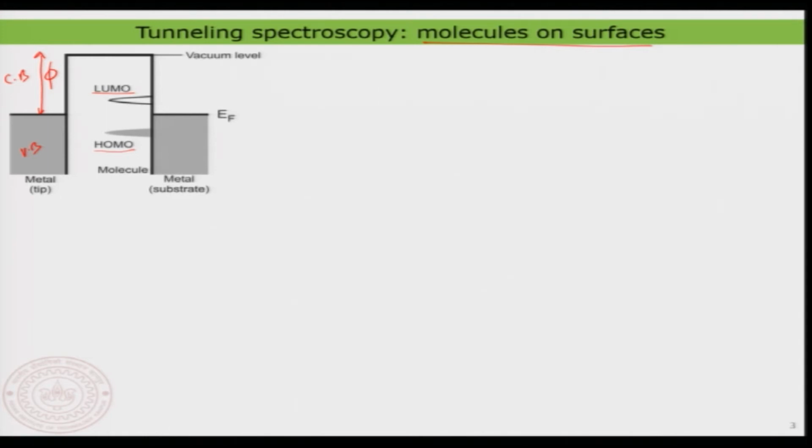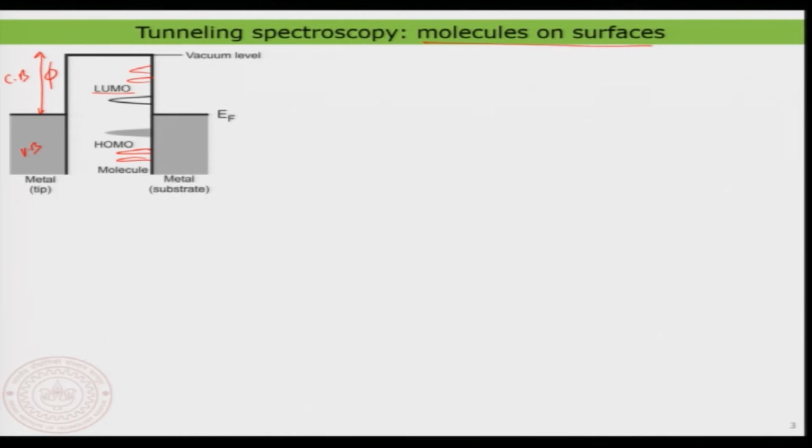I am only depicting here the two frontier molecular orbitals, but of course, you are not limited. You can just think about having additional electronic levels like this, like this. We can have many like that, but that depends quite a lot on the molecule.